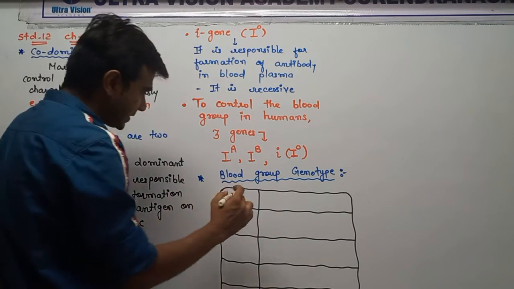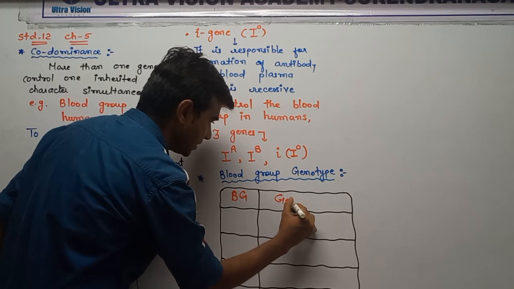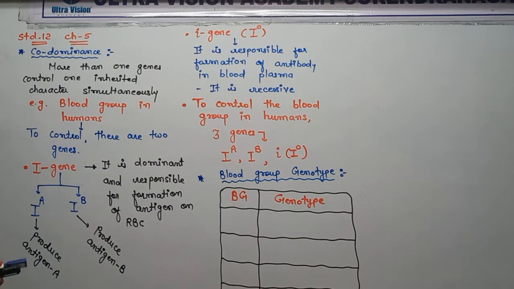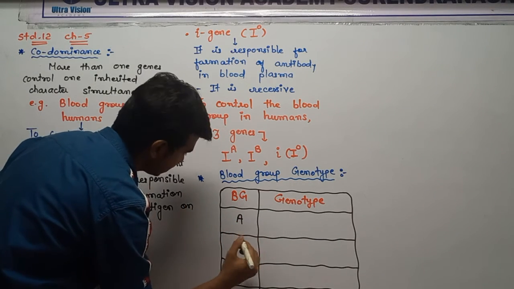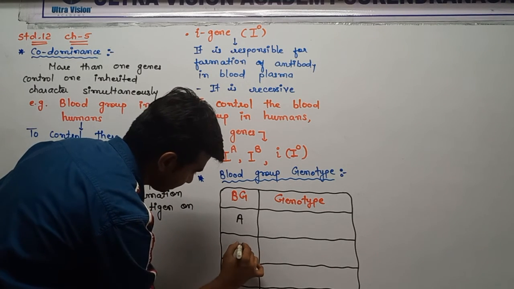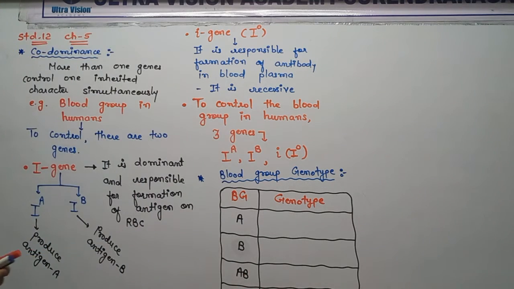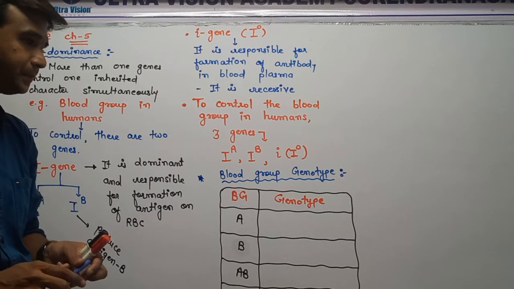So here in short form we say blood group and genotype. Now you know four types of blood group: A, B, AB and O. Right? Four types of blood groups are there. So here remember the genotype.